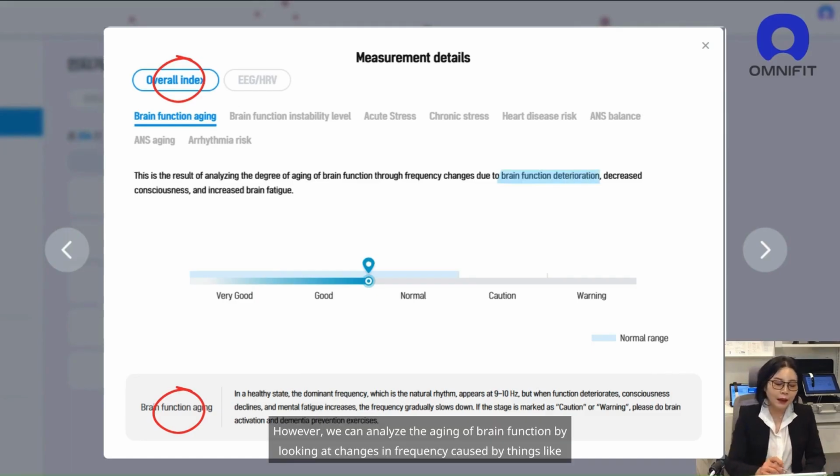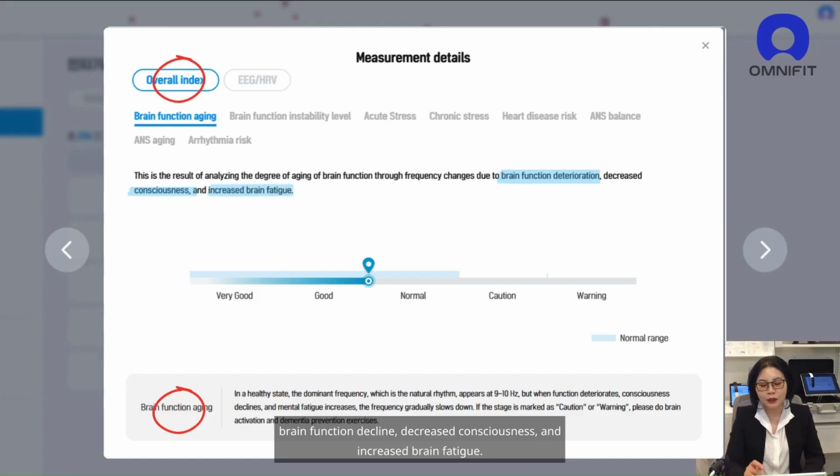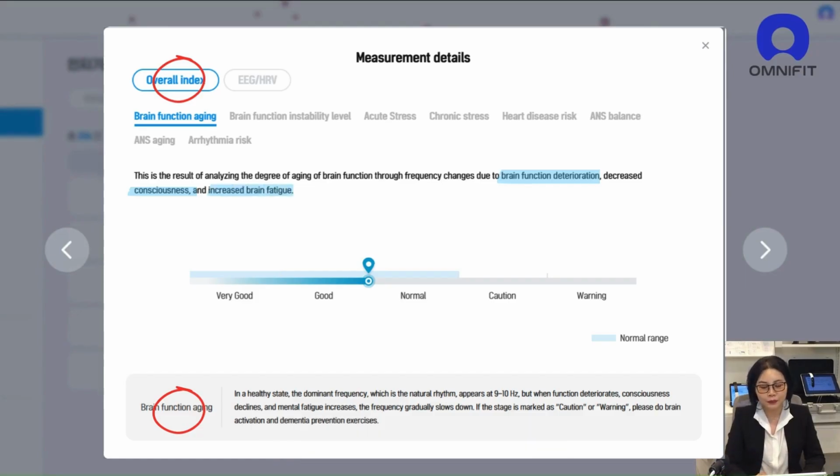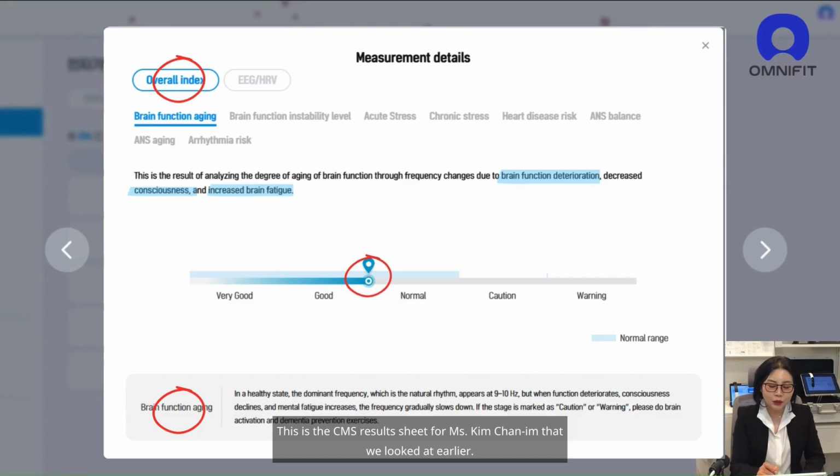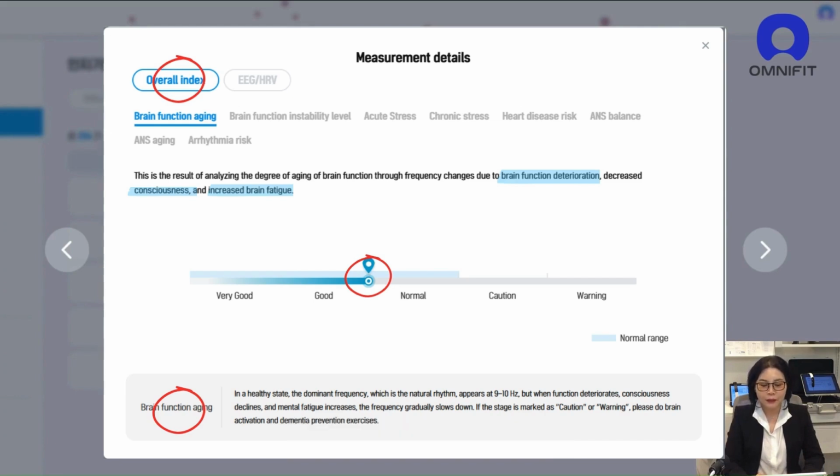However, we can analyze the aging of brain function by looking at changes in frequency caused by things like brain function decline, decreased consciousness, and increased brain fatigue. This is the CMS results sheet from Ms. Kim Chanaim that we looked at earlier. In her case, she's in a healthy state. Very good, actually. If you look at the back, you can see those intrinsic rhythm peaks.